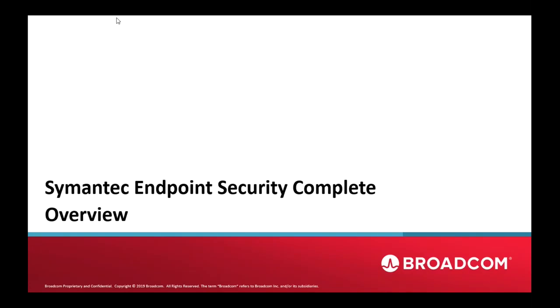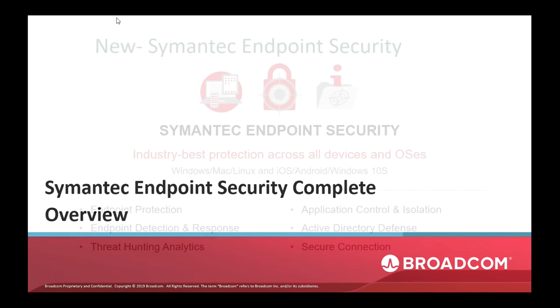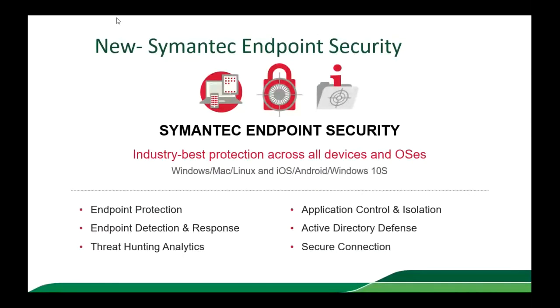So let me give you just an overview. With the new Symantec Endpoint Security, this is what you have. You have endpoint protection, which is the Symantec Endpoint Protection, the normal one. You have the EDR, Endpoint Detection and Response. You have threat hunting and analytics. You have application control and isolation. You have Active Directory defense and secure connection.